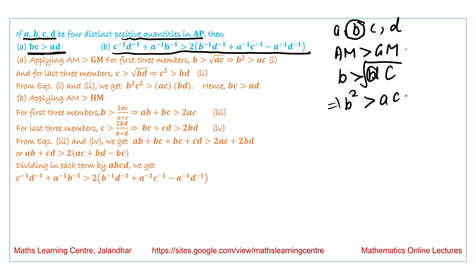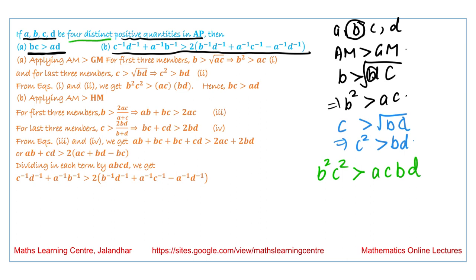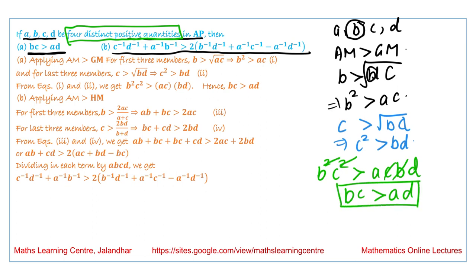The second thing we can obtain is that c is greater than square root of bd, and this implies that c square is greater than bd. Now from both these equations, if we multiply, we obtain b square c square is greater than ac bd. All these numbers are 4 positive quantities. So b and c get cancelled, and we obtain that bc is greater than ad. So this is the first part we have proved.